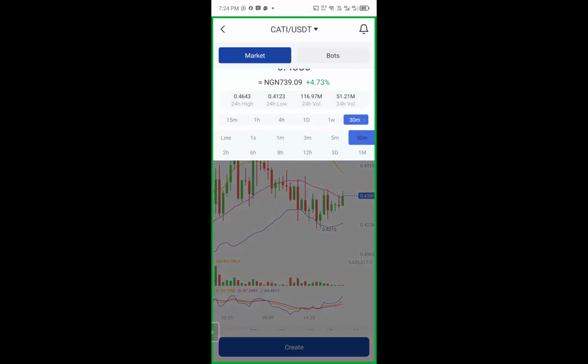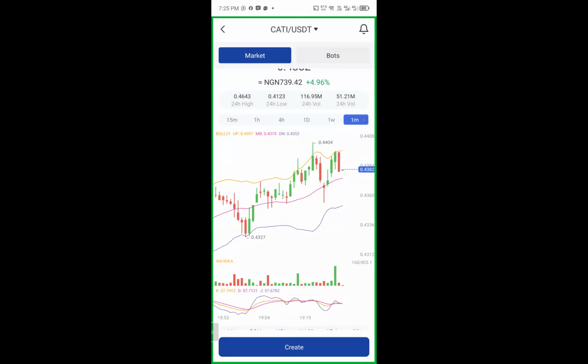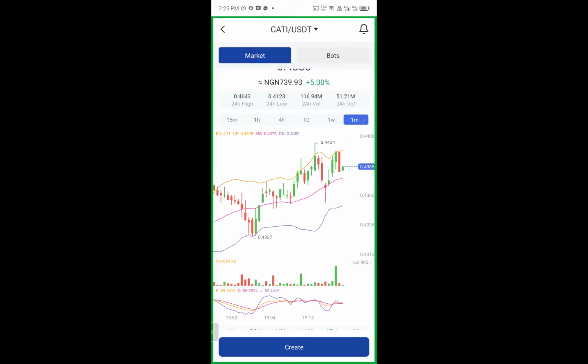It will still retrace, it's trying to retrace. Are you seeing what I'm saying? How much did it go down? It went down by 0.36, right? Are we together?